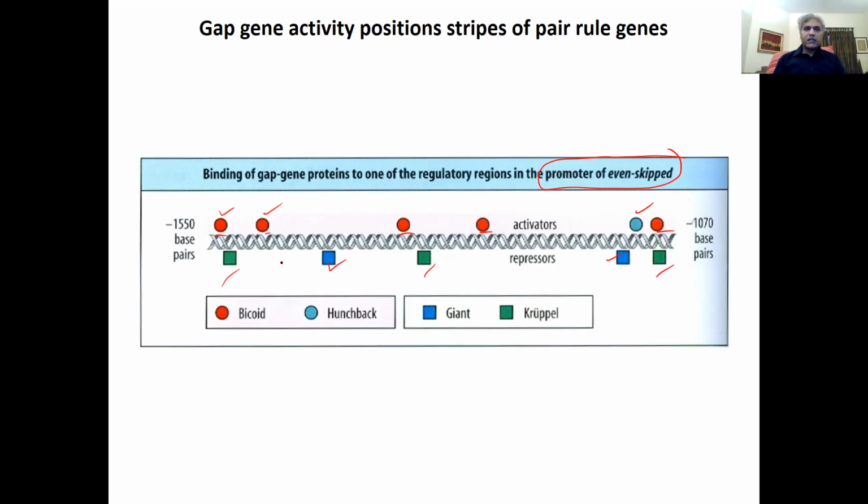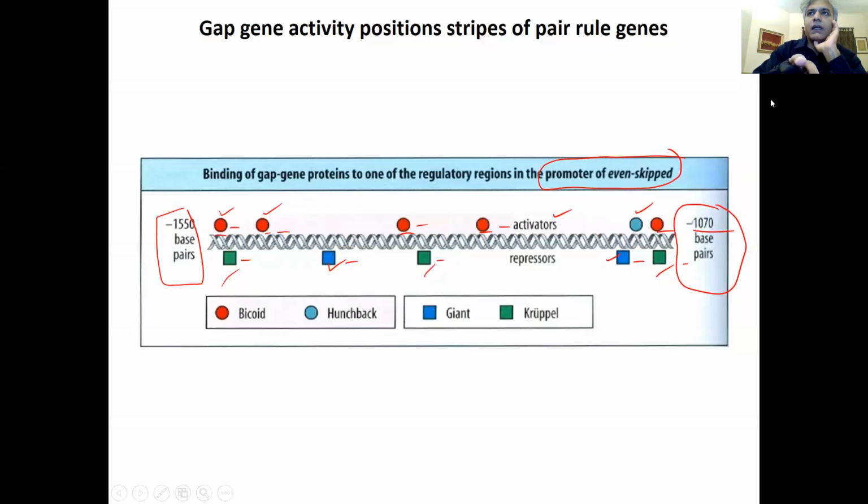The promoter lies between minus 1070 to minus 1550 base pairs. Bicoid and hunchback play their role as activators, and the others play their role as repressors in this particular context.